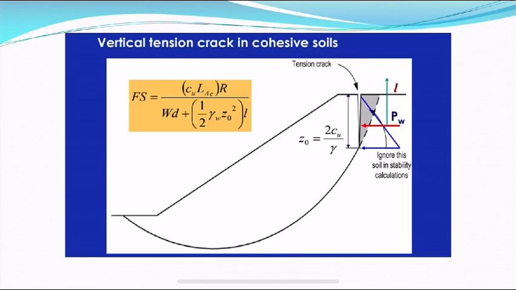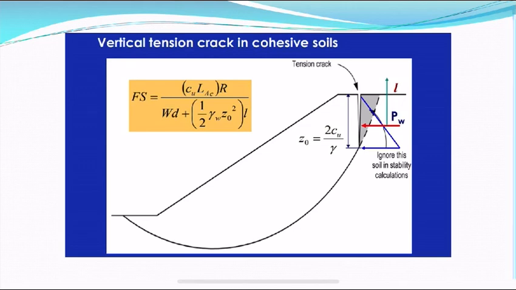Now when we consider the tension crack, let us assume that it is filled with water. It can cause a destabilizing force, and the portion within this tension crack zone, where the circular arc passes beyond this point, is not considered in the analysis.